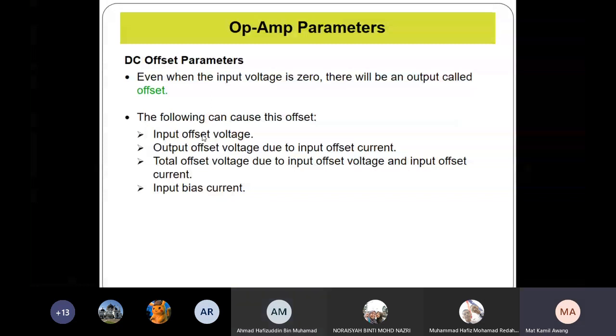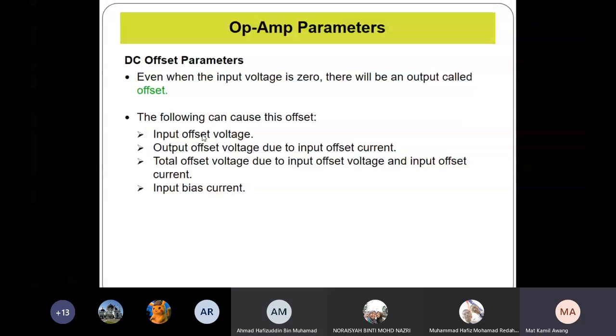What are the parameters which cause this offset? The first one is the input offset voltage. The second one is the output offset voltage due to input offset voltage, and the third is the total offset voltage due to the input offset voltage and input offset current. Then the fourth one is the input bias current. So those are the factors which can cause the offset value.